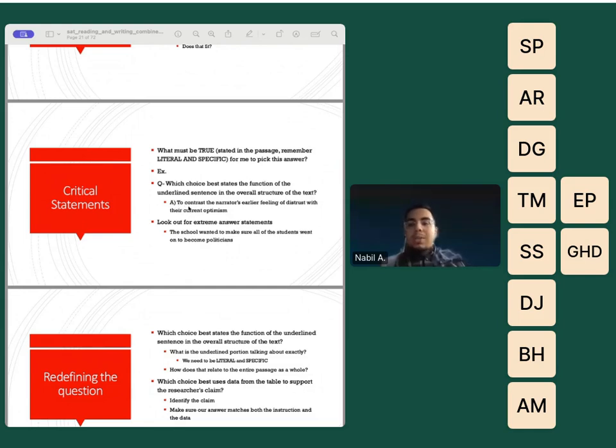A, to contrast the narrator's earlier feeling of distrust with their current optimism. If this answer choice was true, what must be presented earlier on in this sentence? What do we need to see based off of that answer choice if it is going to be correct? Feel free to put your answers in the chat and let me know what you think.